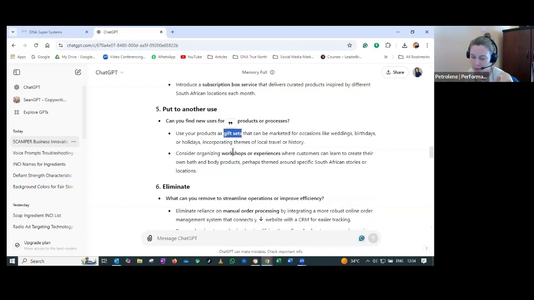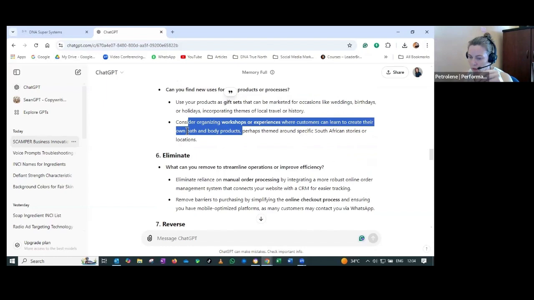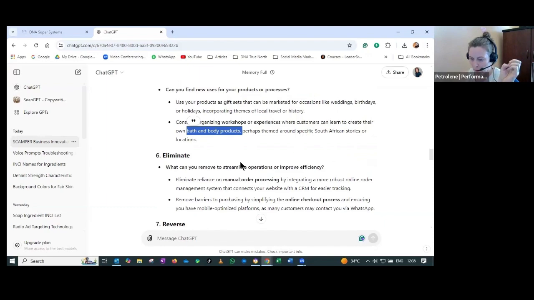I've done some as people order them, but I don't make up the entire gift set, but I do get a lot of orders for things like bridal showers, baby showers, and stuff like that. Workshops of experience where customers can learn to create their own baths. I don't know if I want to venture into this. I'd rather go to the business side of things, the same way I'm doing here.